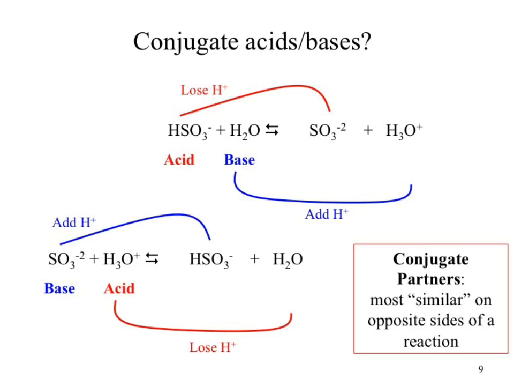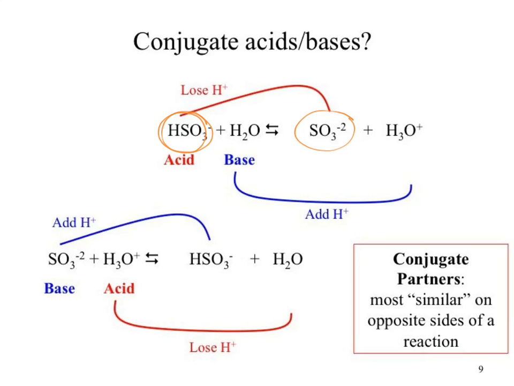Interesting. Okay? Which brings up the next question. We're talking about conjugate partners, the things that are most similar on opposite sides of the reaction. So let's pick this guy, HSO3 minus. What is most similar to it across the reaction? SO3 minus 2.